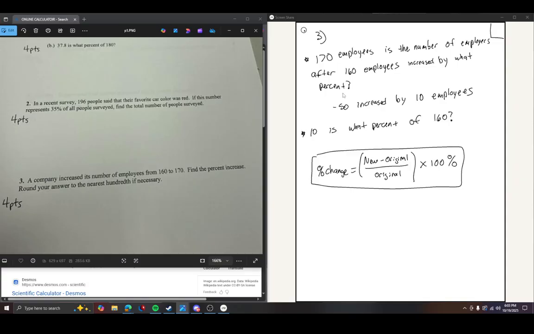This is a common formula for percent increase, decrease, all these different things. You have your new number minus your original, over your original, all multiplied by 100%, which gives you your percent increase.